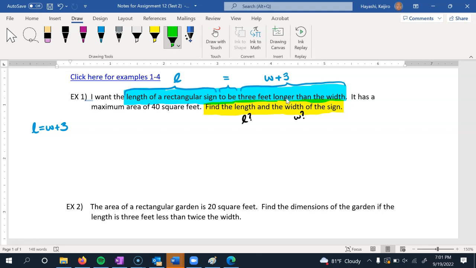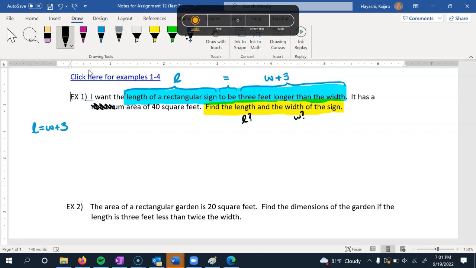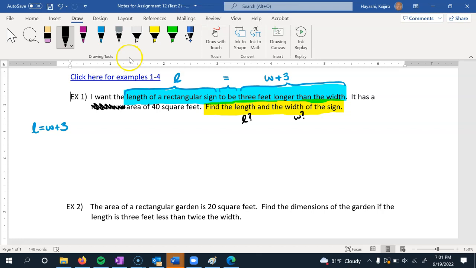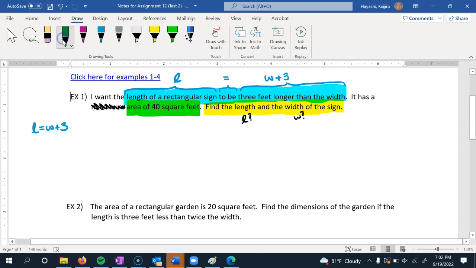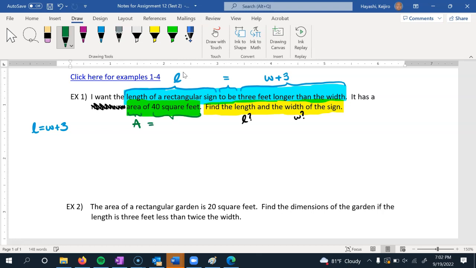It has a maximum area of 40 square feet. Just go ahead and cross out the word maximum. I don't know why that's there. Has an area of 40 square feet. So now we know that there's an area involved. And so we'll just say A equals 40.